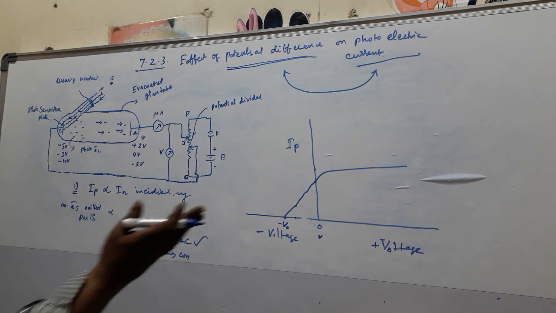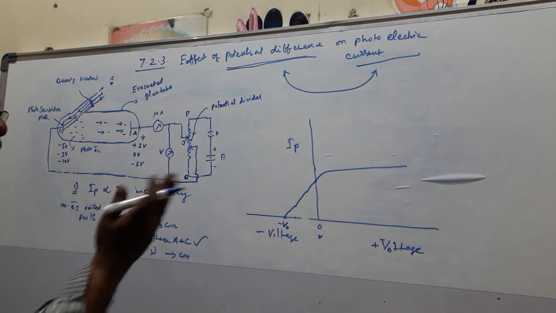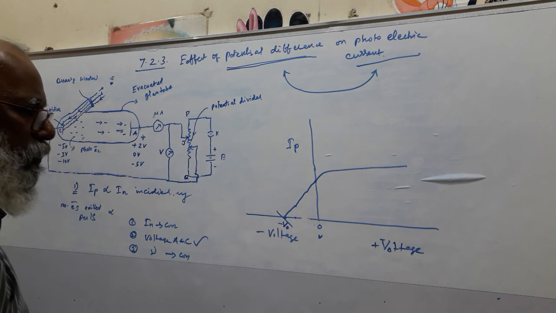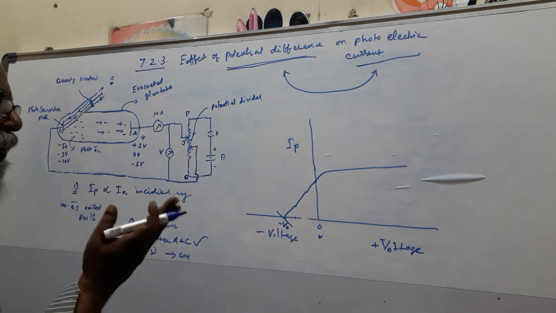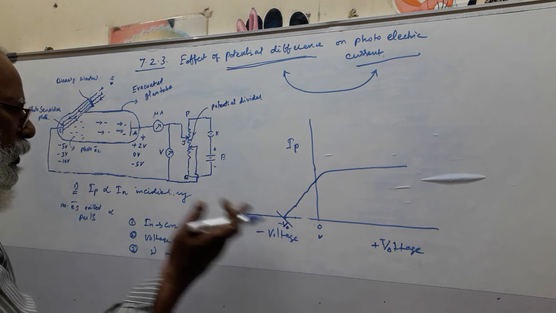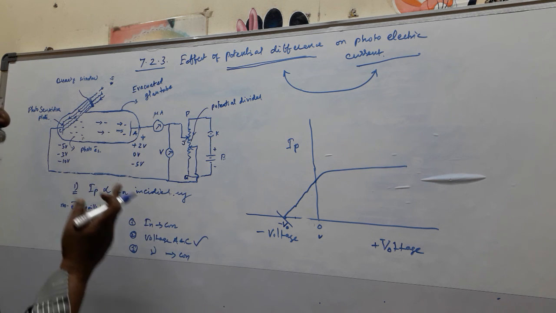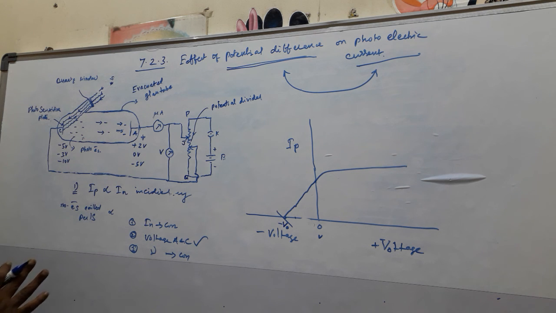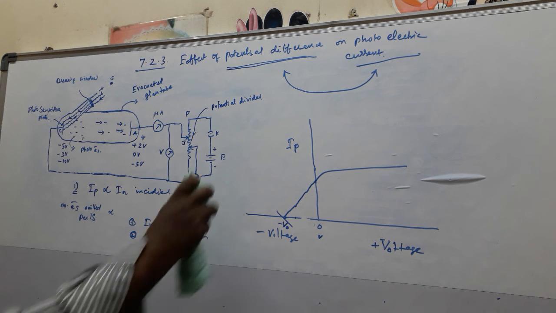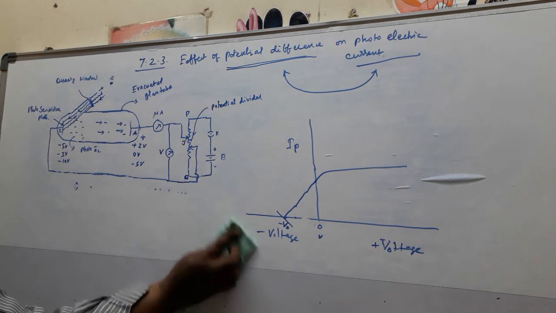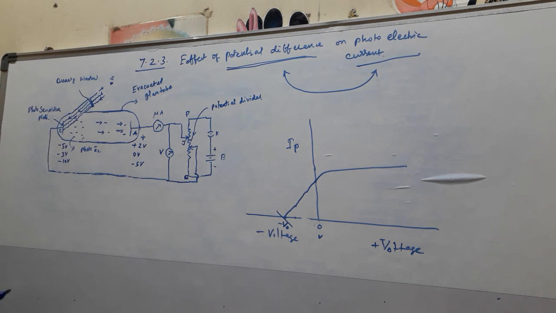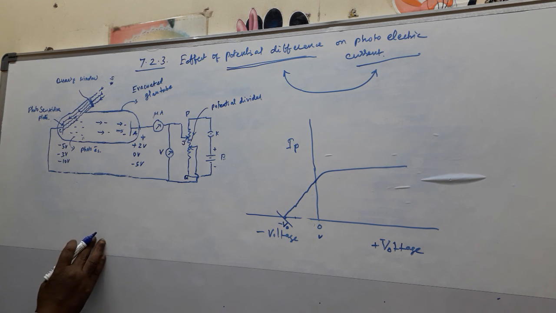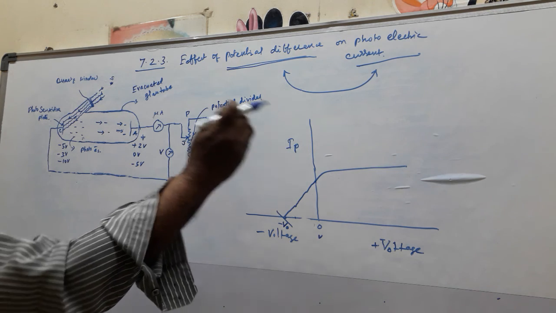So, by analyzing this circuit, what happened here? This is called the cutoff voltage. What is my cutoff voltage? When we apply this voltage to the terminal A, no electron is able to move towards A. Now we are applying the negative voltage V naught to the terminal A, and there is no photoelectric current.